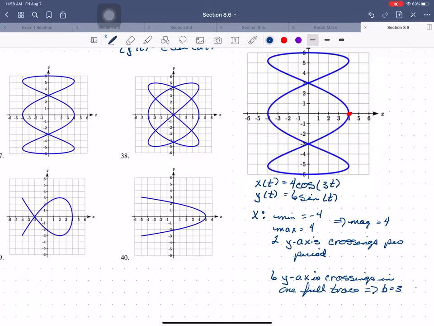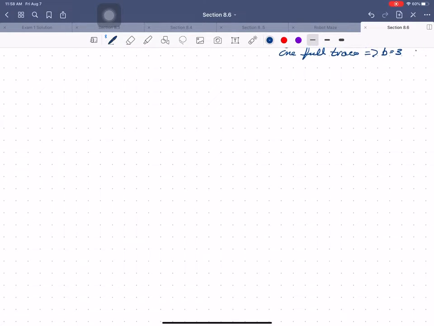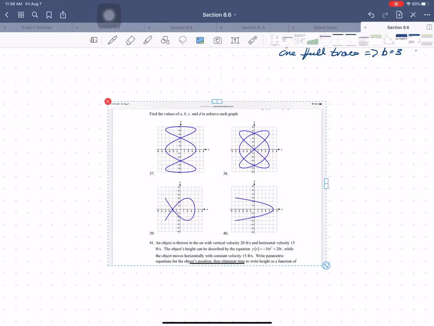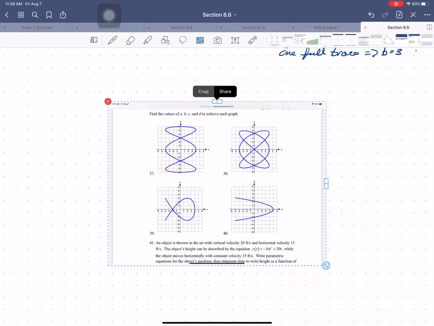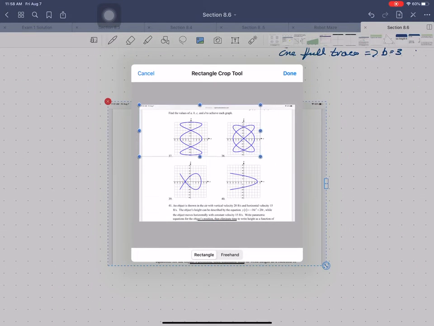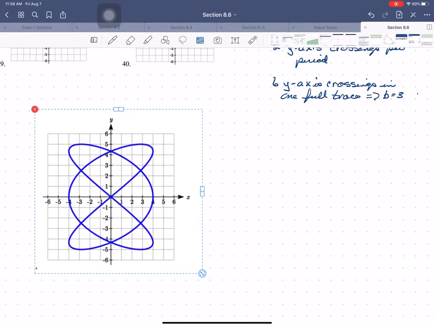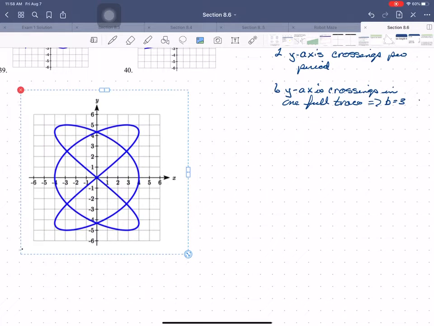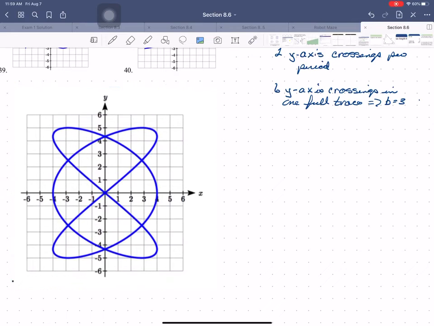So let's try the next one. Let's try number 38. And see if we can do this. Well, I know we can do this. Because what I'm actually counting when I count those crossings is I'm counting the numbers of the periods in one full trace.